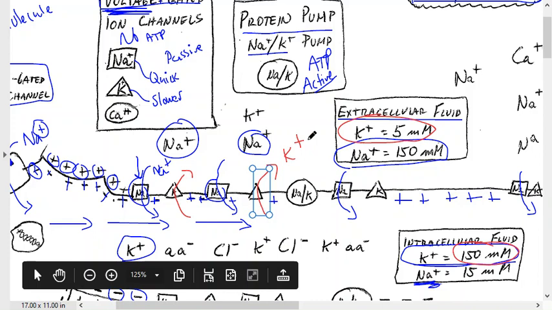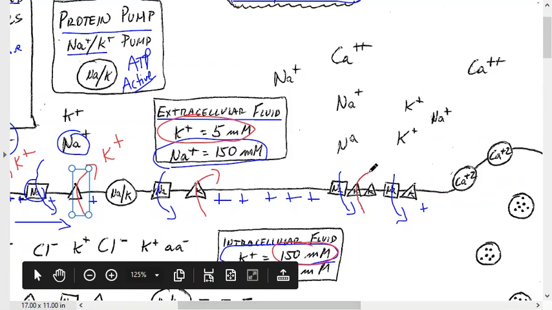So now positive ions, in this case potassium, are leaving the axon. And as this signal propagates down the axon, more and more of these potassium voltage-gated channels open.